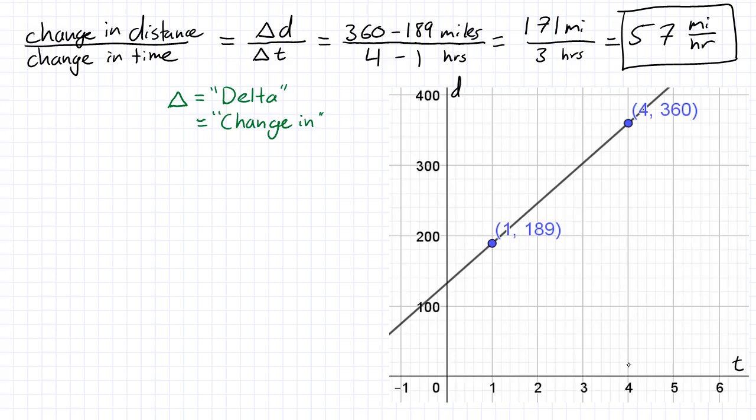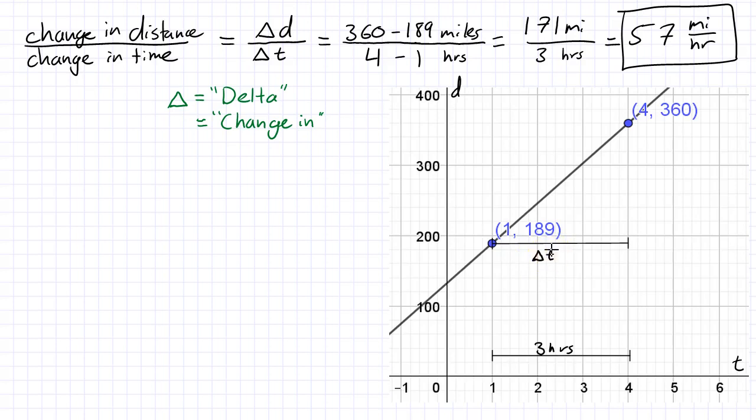So the horizontal distance from this x-coordinate 1 to this x-coordinate of 4, as you can see, is 3. And that 3 represents 3 hours here. And you could also draw it here if you want as that distance like so. And that 3, it's the same 3 here. That's what we're calling the delta t.